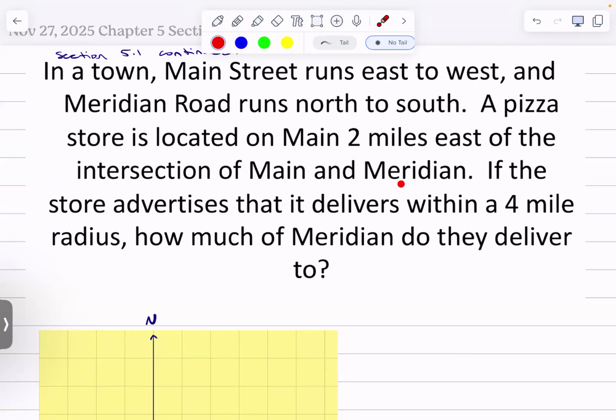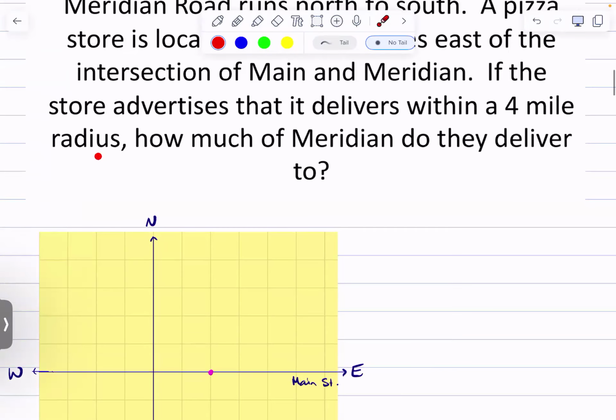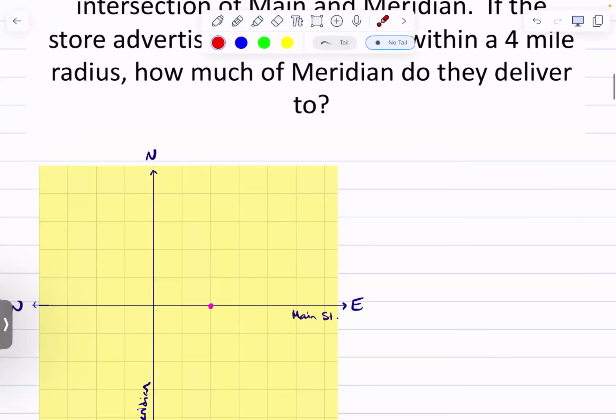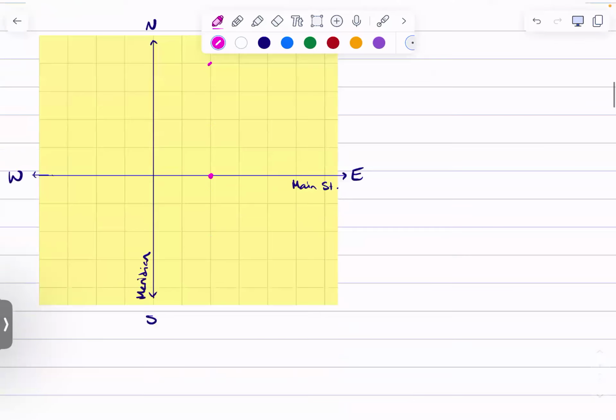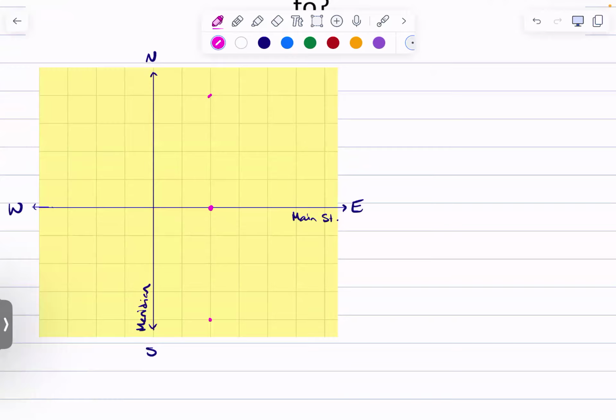All right. So if the store advertises that it delivers within a 4-mile radius, how much of Meridian do they deliver to? And so we need to map out the delivery radius, 1, 2, 3, 4, and down 4, 1, 2, 3, 4. Let's see if I can pull this off.